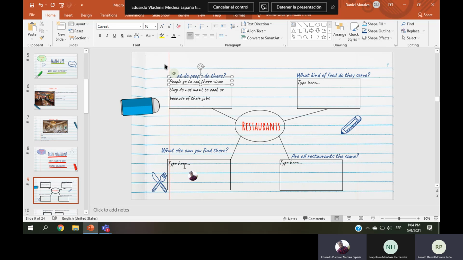And tell me, what else can we find at a restaurant? I mean, we usually find food there, but there are other restaurants that serve other kinds of things. So can you tell me what else we can find at restaurants? We can find background music.